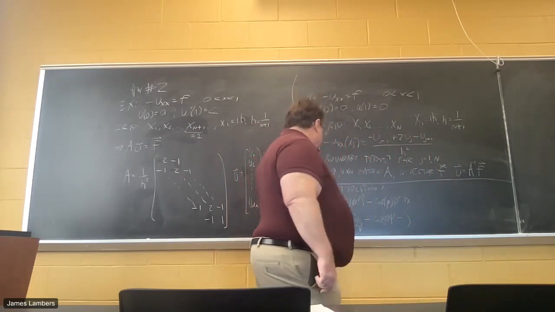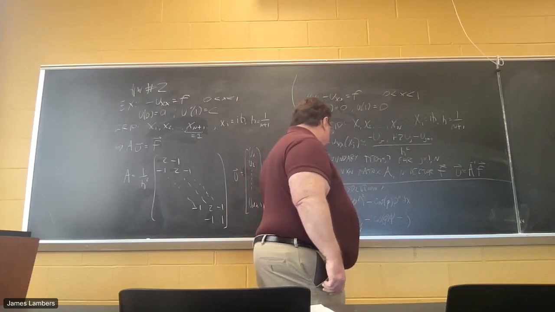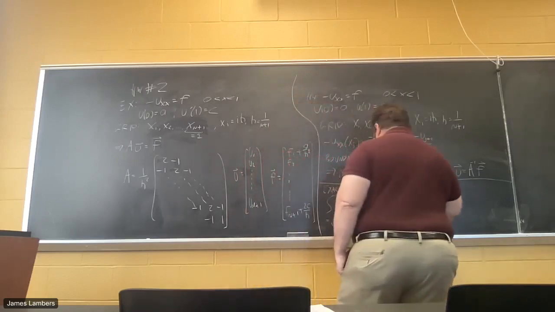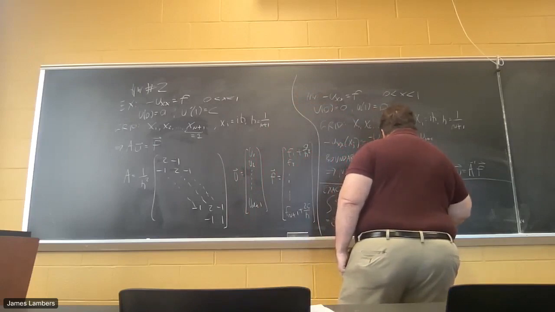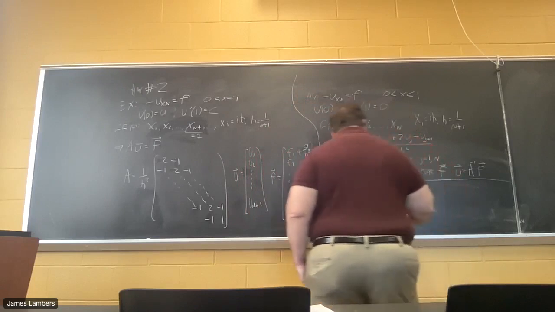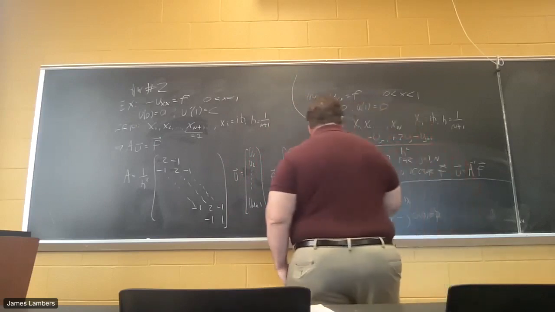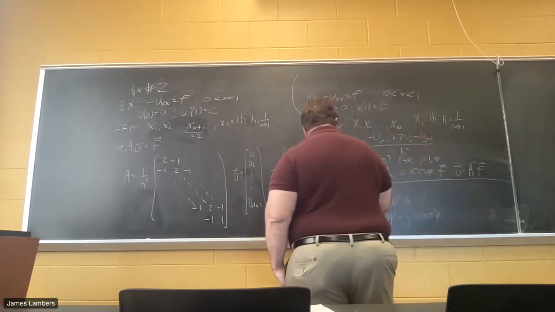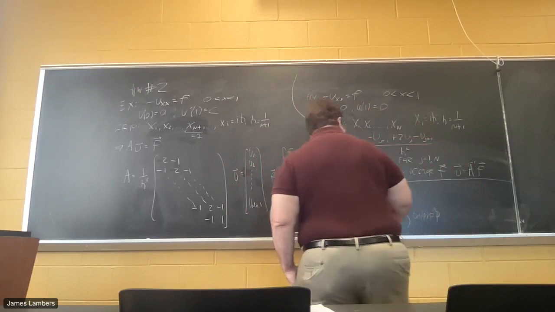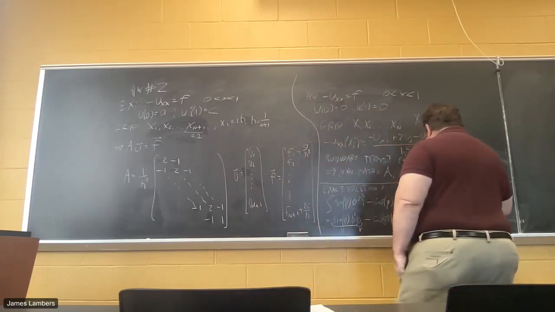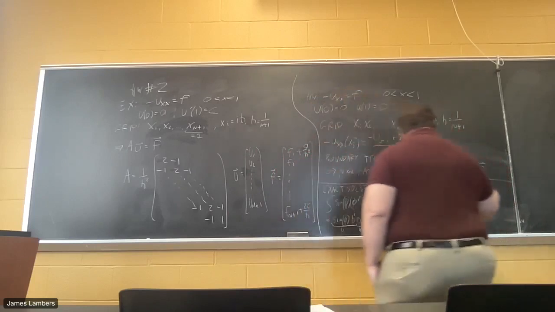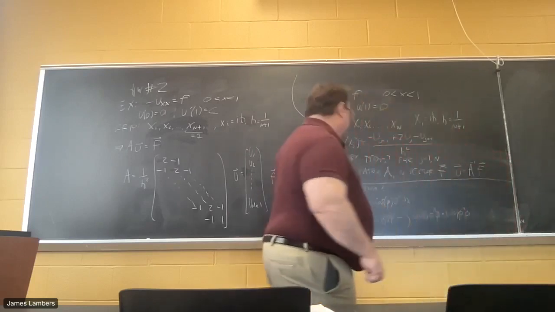So du would be cosine of phi prime squared times phi, plus sine of phi double prime times phi. That covers the sine part.